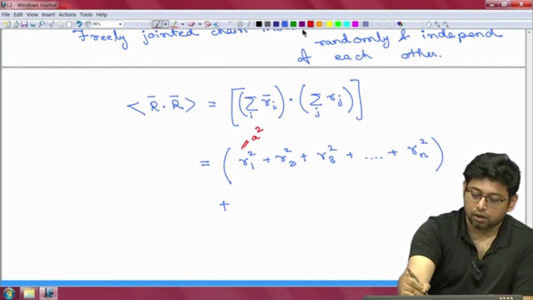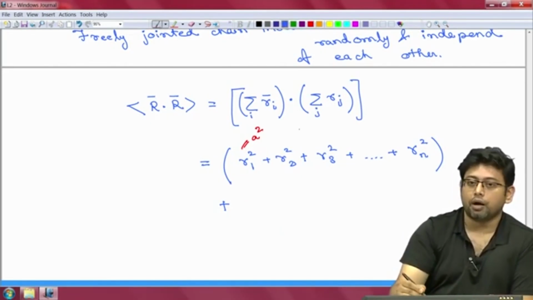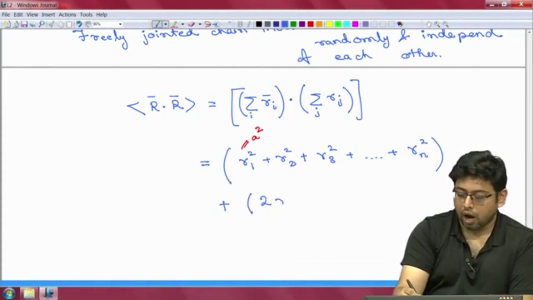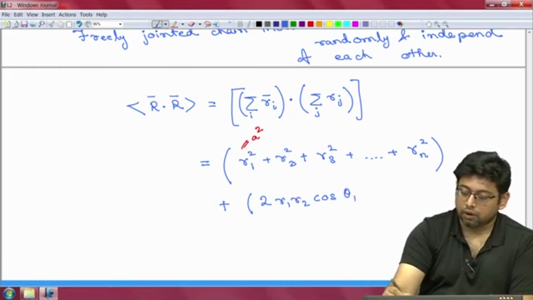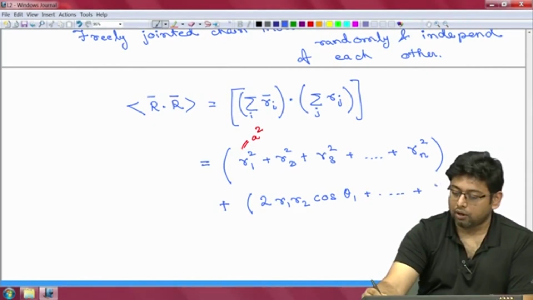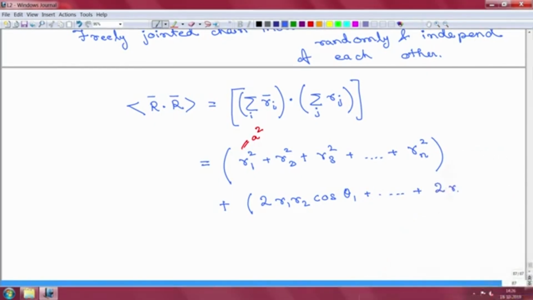And then you have a set of other numbers, so this is a dot product, right. So, you have the theta term. You will have this 2 R1 R2 and then you have the theta terms, cos theta 1, and then this will keep on going and you have to sum up the various theta terms, all the various possible combinations of the theta, right.